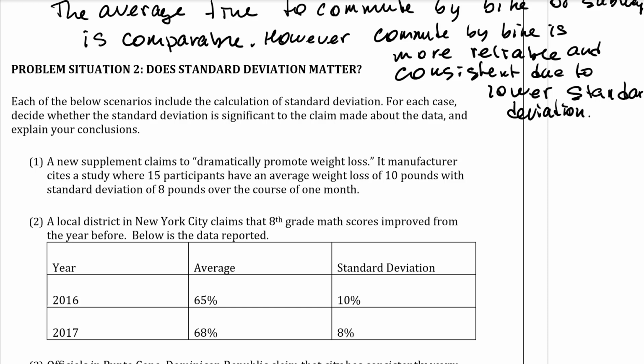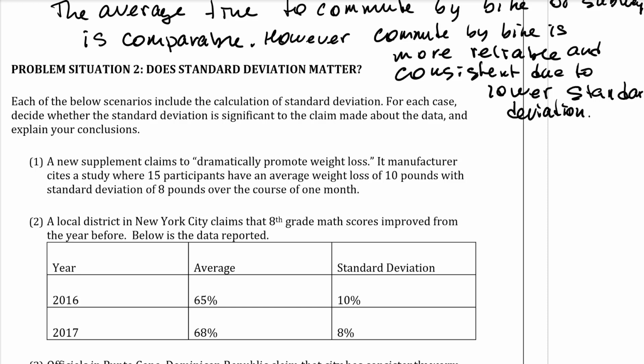So let's read each of the scenarios where the standard deviation was computed for us. And for each case, decide whether the standard deviation is significant to the claim made about the data and explain your conclusion. So is the standard deviation important in describing whatever is being stated?